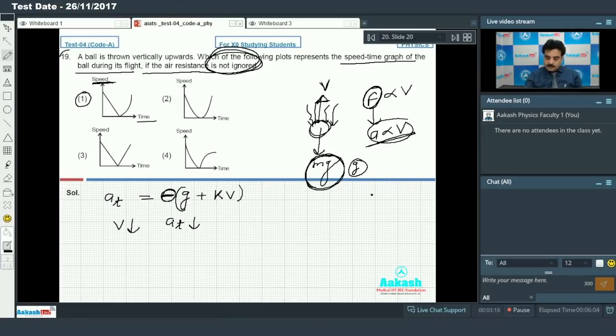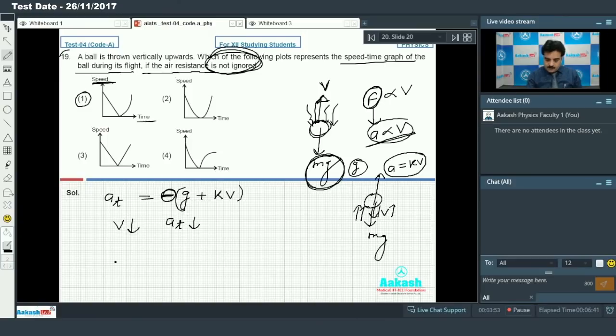And if I take the downward motion, then mg will act in the downward direction, and the direction of motion is also downward. Both are together. But in this situation, air resistance will act in the upward direction. The work of air resistance is to oppose the ball's motion. So at this time, if I talk about acceleration, it will be kv in the upward direction. So in this situation, acceleration due to gravity and the effect of air resistance are both in opposite directions.